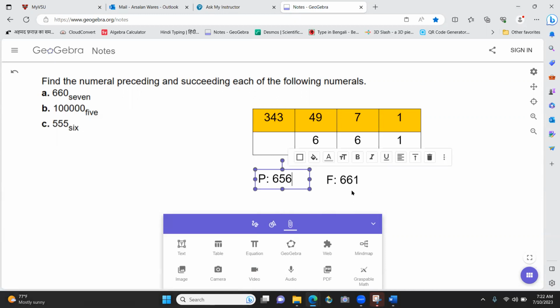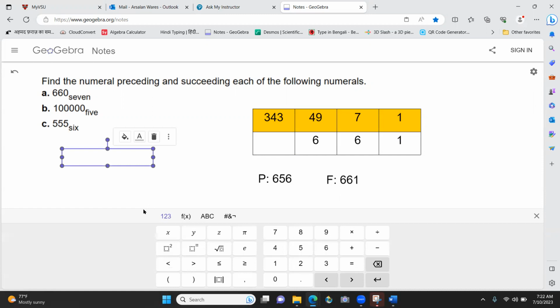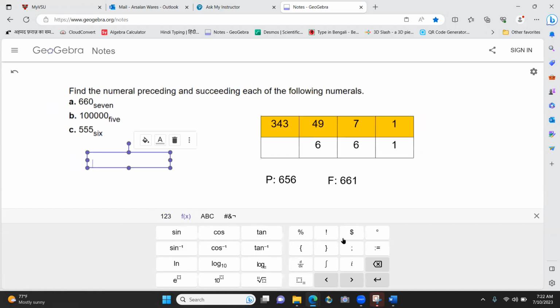It's not going to let me write a subscript, but let's do it nicely. Don't worry, we'll take care of it. 656 to the base 7. And this is the preceding one we're claiming.